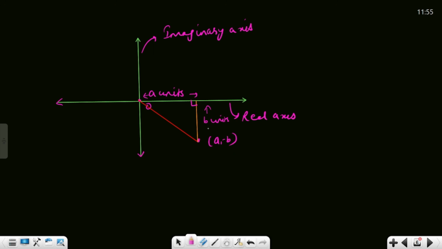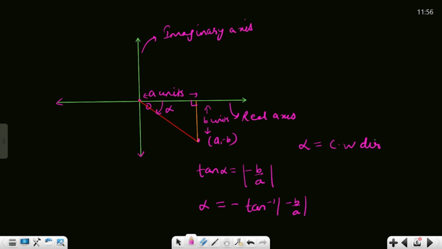And this is the alpha only, no? So tan alpha is again minus b upon a. So alpha will be minus of tan inverse under modulus minus b upon a. Why minus? Because alpha is in the clockwise direction, and clockwise direction we always measure with the negative sign.